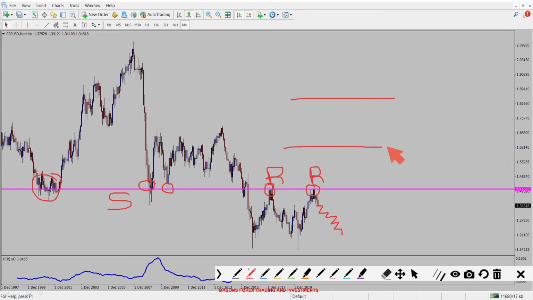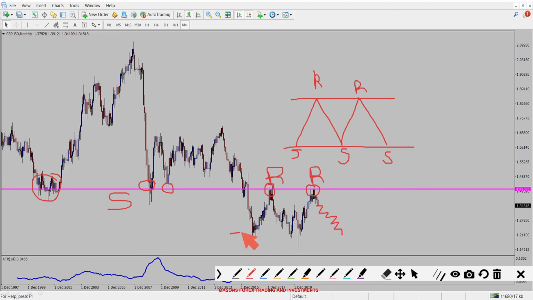If you look at a ranging market, price starts at a support level, pushes into a resistance level. From a resistance level, it moves back into a support level. You can see the pattern is now repeating. And from a resistance level, it moves to a support level.